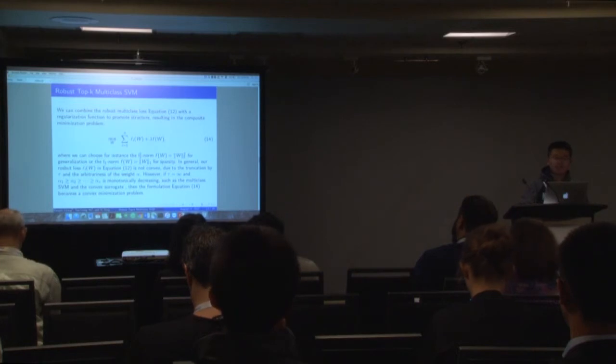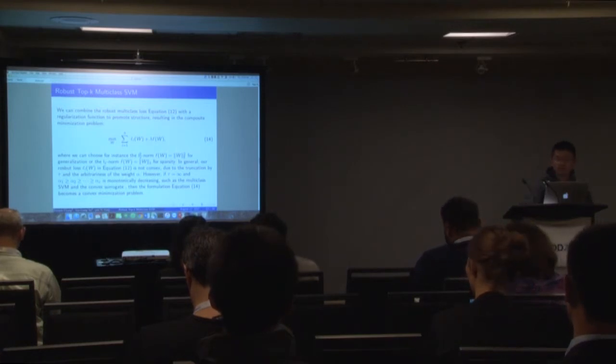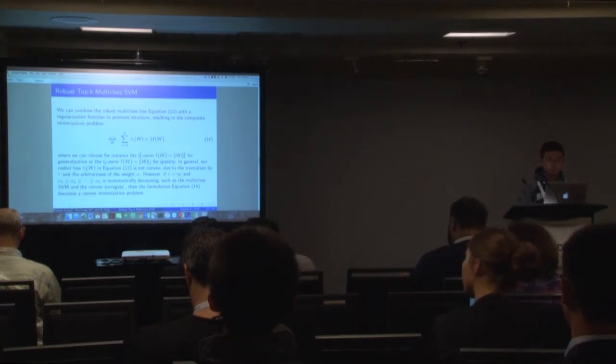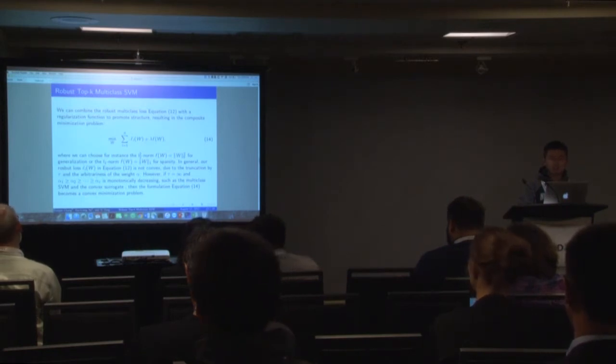So we can combine the robust multiclass loss with a regularization function to promote structure, resulting in the composite minimization problem. The minimization problem is formulated in equation 14, where we can choose, for instance, L2 norm regularization for generalization or L1 norm for sparsity.